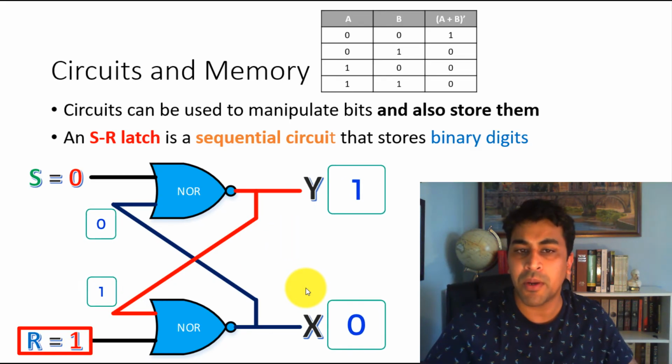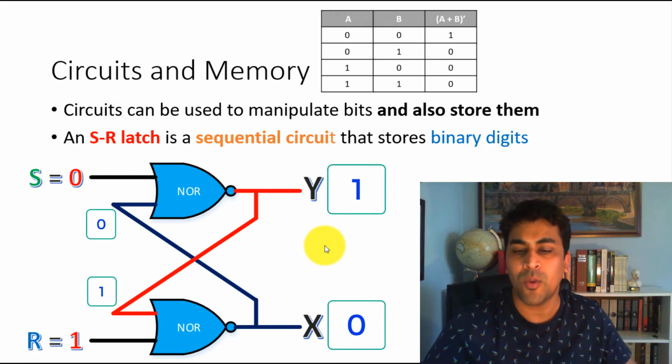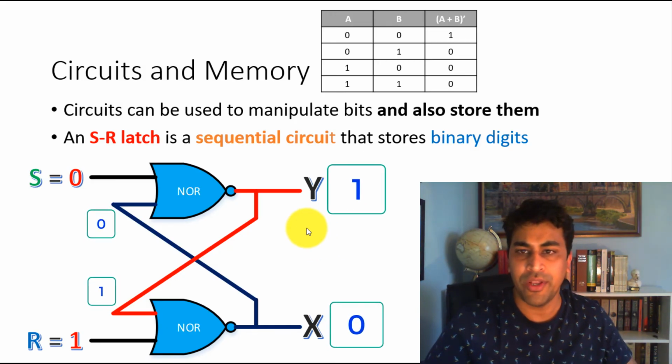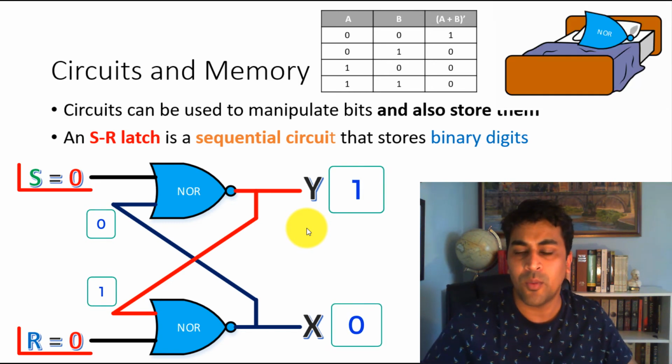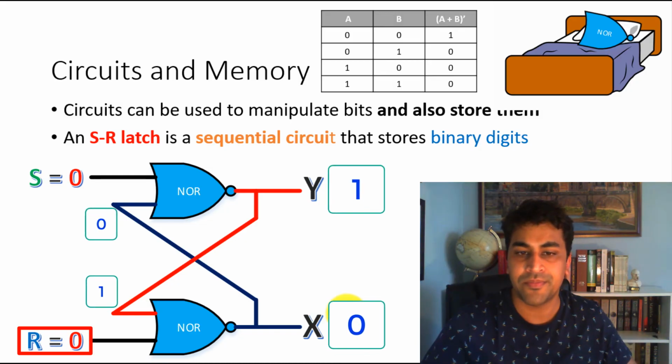A very important property of the SR latch is that Y and X are always complements. That is, Y and X can never take the same value. If we then move back to the rest state, while R is equal to 1, we see that Y maintains being equal to 1 and X maintains its value as 0.